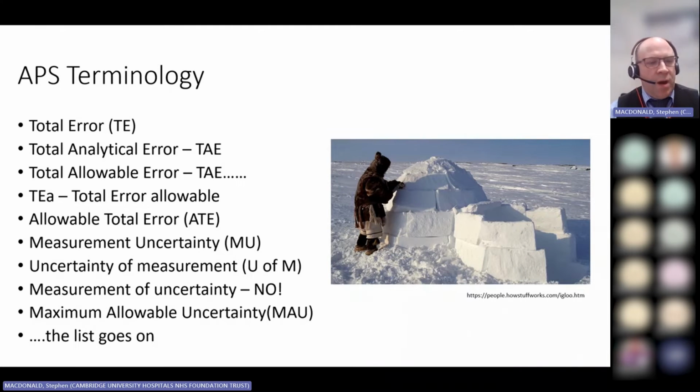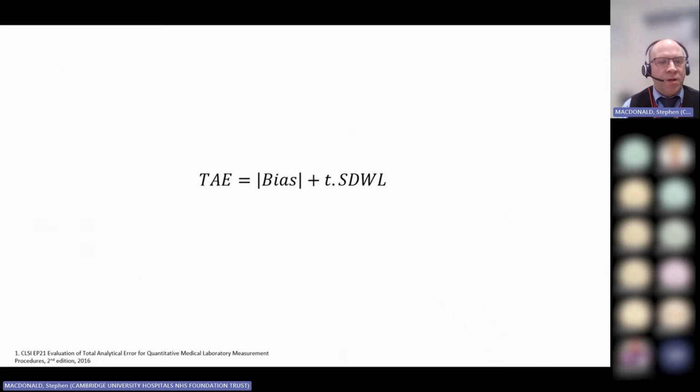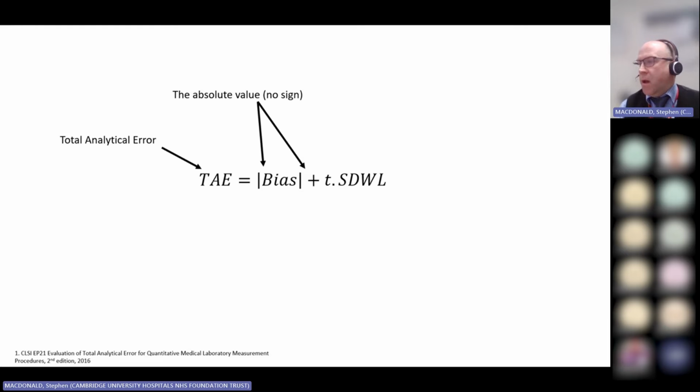But as I said, total error, following the work of Dr. Westgard, was very much the mainstay of determining analytical quality in the laboratory. And if we use total analytical error as the acronym that we'll use of choice, the way that that is calculated is by determining the absolute value of the bias. So those vertical lines, each side of the bias means it's the absolute value, which means whether it's positive bias or negative bias, the sign is disregarded. It's just the actual size of the bias that's included.